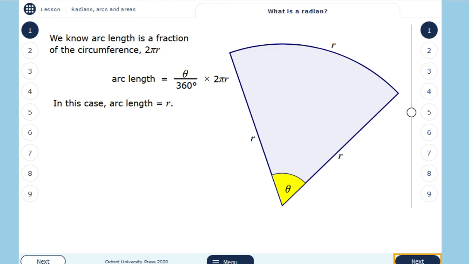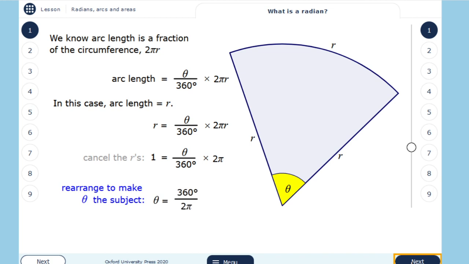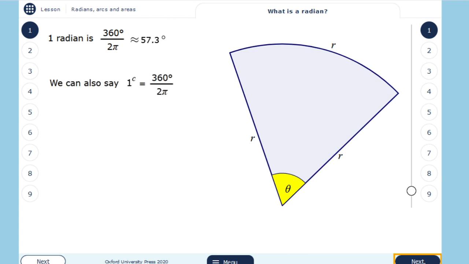So if I substitute, I can cancel the r's, and then I have 1 equals theta over 360 times 2π. Rearranging to find theta, theta is 360 over 2π. So 1 radian is 360 degrees over 2π, which is roughly 57.3 degrees.